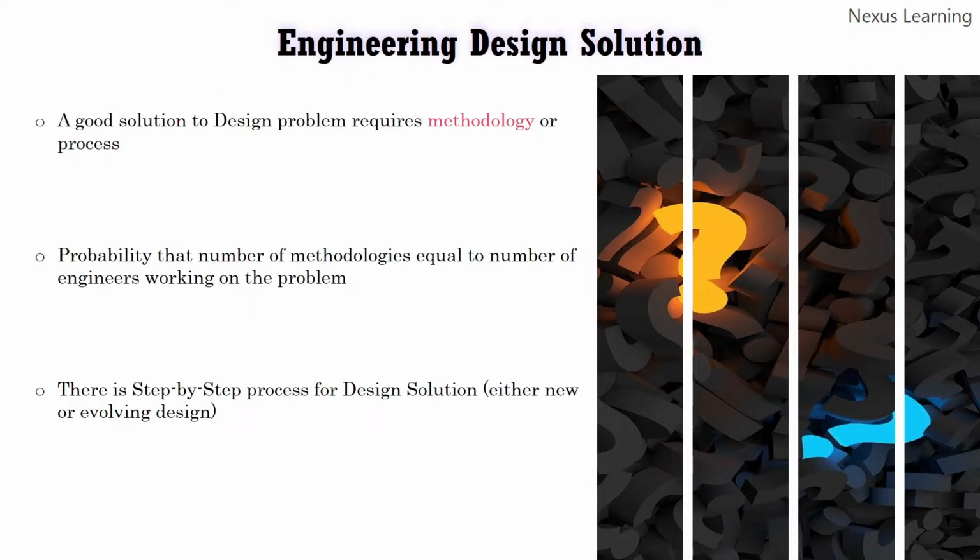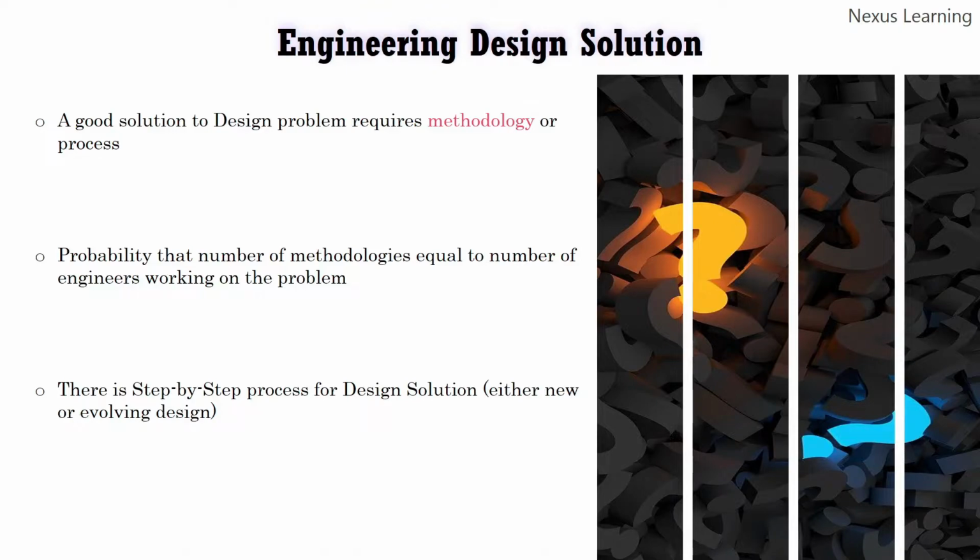Now we know that there is a need for a new design, but what is a design engineering solution? We have to find the solution to cater to the need of the design. A good solution of design problems requires a methodology, a process, and the number of methodologies can equal the number of engineers working on the problem.